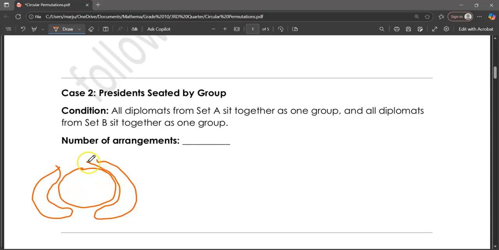So we have two blocks together. How many ways can we arrange these in a circular table? There are n minus 1 factorial ways, so that is 2 minus 1 factorial, or simply 1. So we can arrange these two blocks in one way.